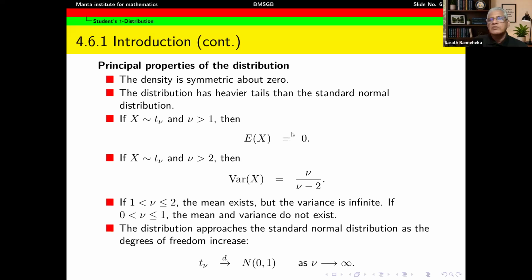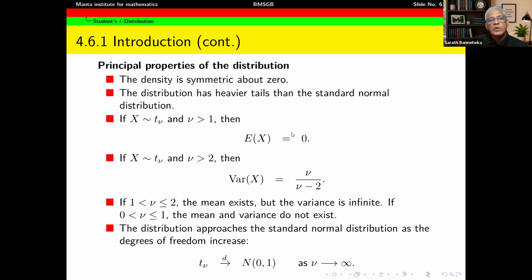But for a t distribution with some nu degrees of freedom, it's not like that always. Generally, it has longer tails, or we say heavier tails, than the standard normal.